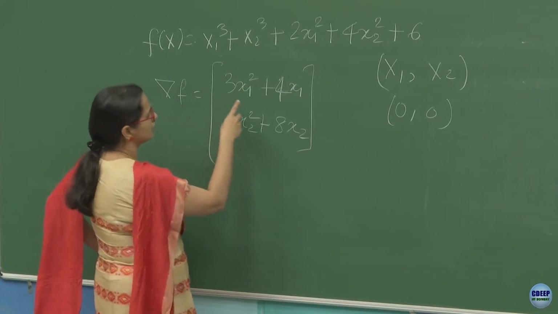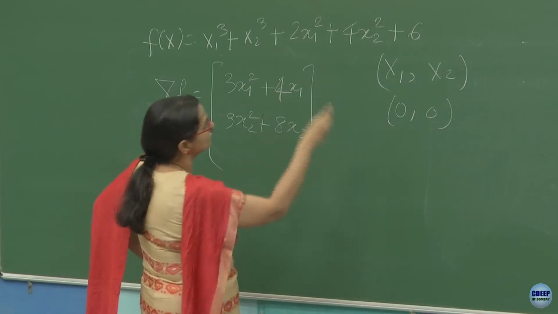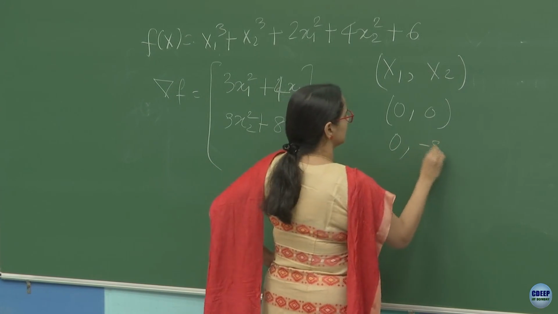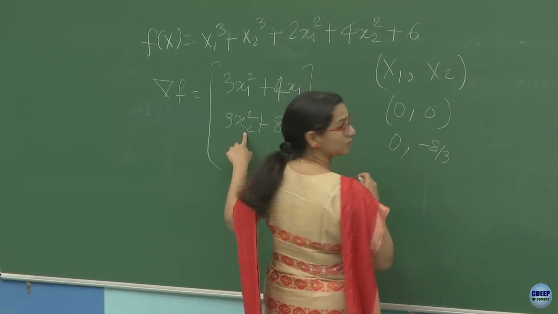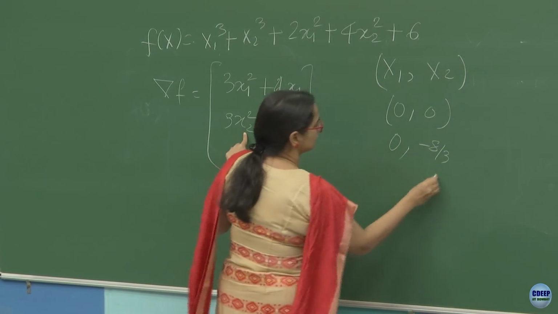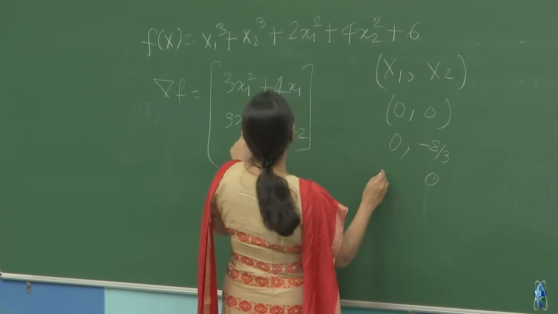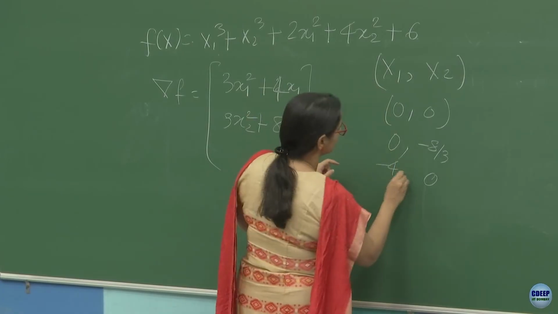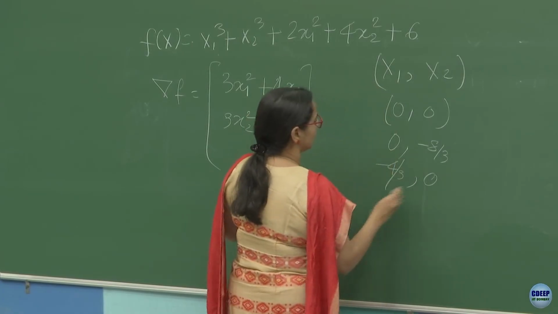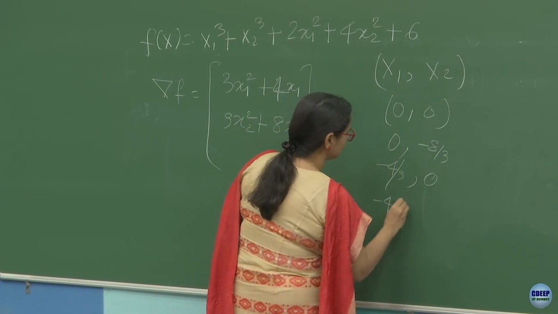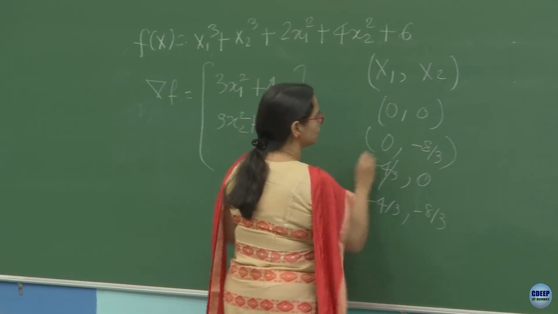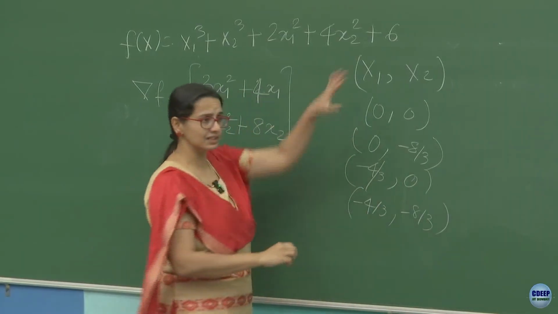You're going to get 0 and then minus 8 by 3, and then 0 here and minus 4 by 3, correct? And minus 4 by 3 and minus 8 by 3, correct? All of these are stationary points.